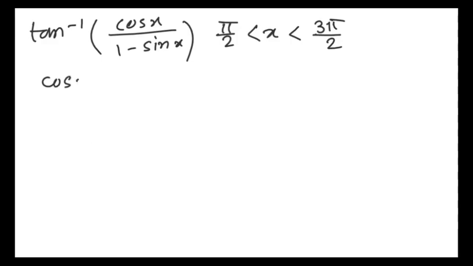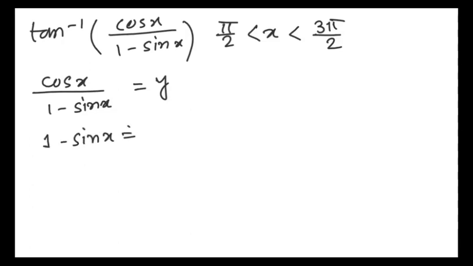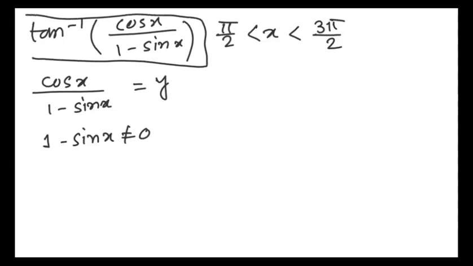Because the expression cos x by (1 minus sin x), say y, is a real number. This y is a real number because 1 minus sin x is not equal to 0 in this given interval. And since cos x by (1 minus sin x) belongs to R, there is no harm in defining the expression tan inverse of cos x by (1 minus sin x).